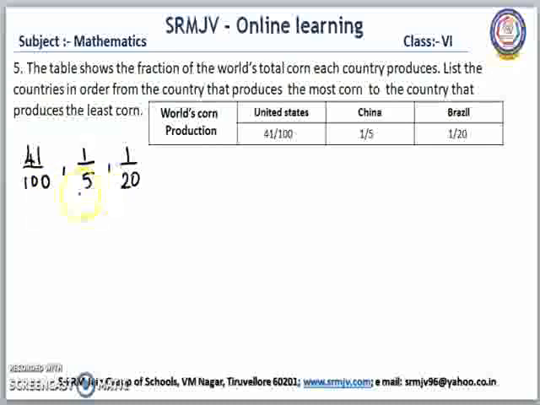So, we can change these two denominators as 100. Isn't it? Easily we can change it. So, in 5 table, when you will get 100? 5 20s are 100. So, we have to multiply the numerator by 20. So, 1 into 20, 20 by 100.